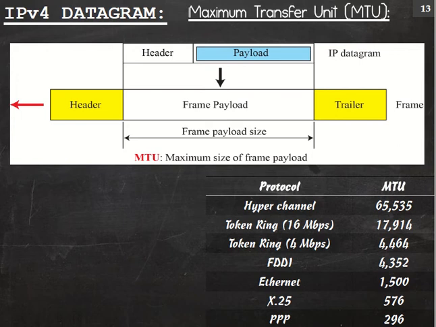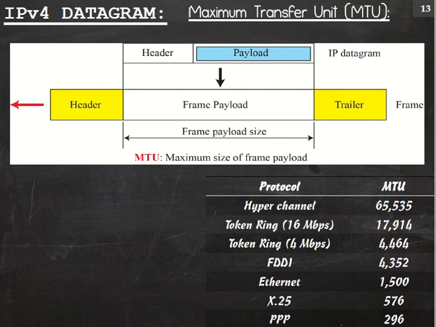Let us move on to a topic called maximum transfer unit, nothing but the maximum size of a datagram that is allowed to transfer the data. As we know, each layer in a particular protocol has its own frame format. The physical layer has one, the data link layer has one, and the network layer has one. Each layer has different protocols, and each will have a different frame format.